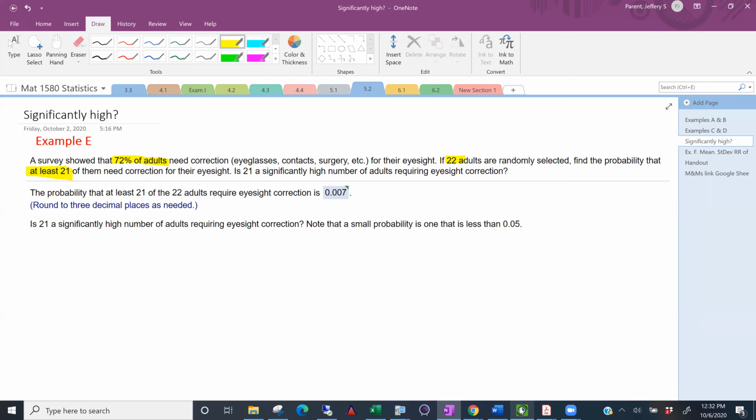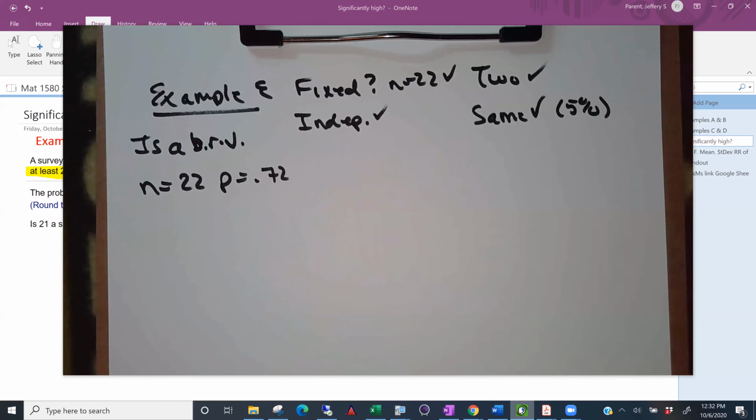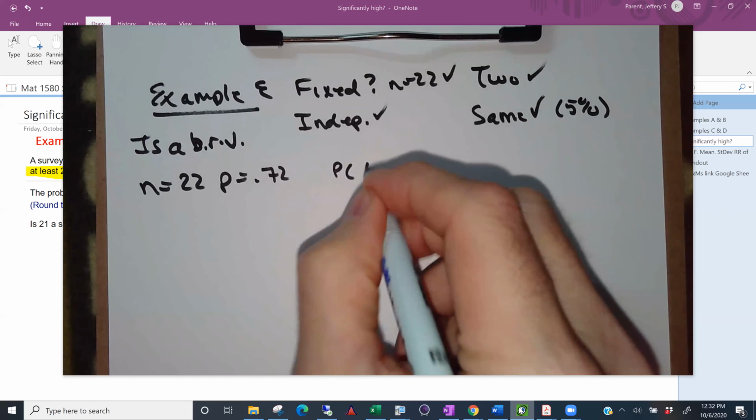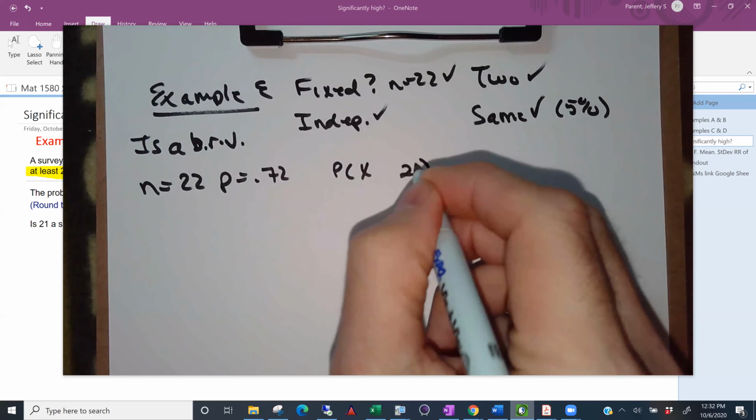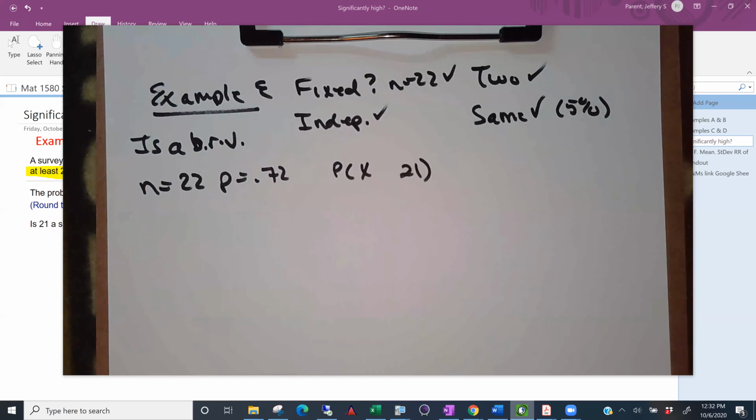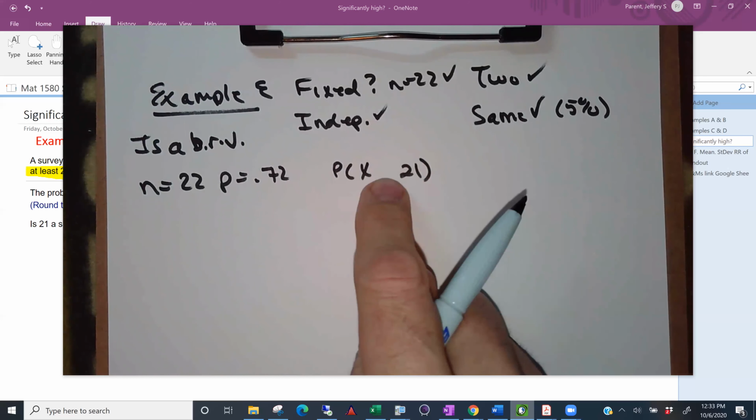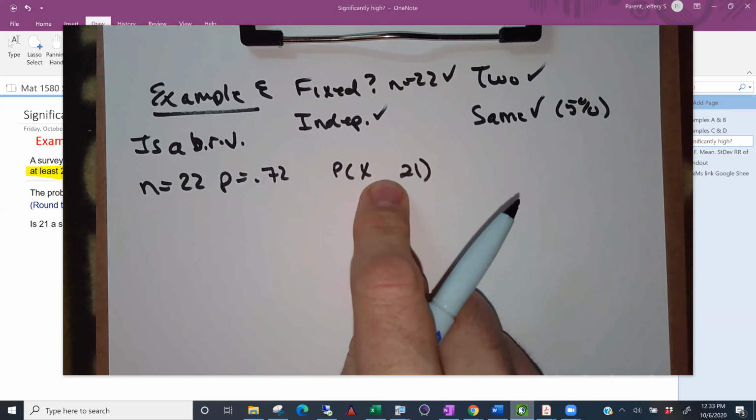Now, what probability do I have to calculate here? Well, I want to calculate the probability that at least 21 of the 22 adults require eyesight correction. So that's going to be this one. Probability that X is at least 21. What notation would that imply here? Less than or equal to 20.